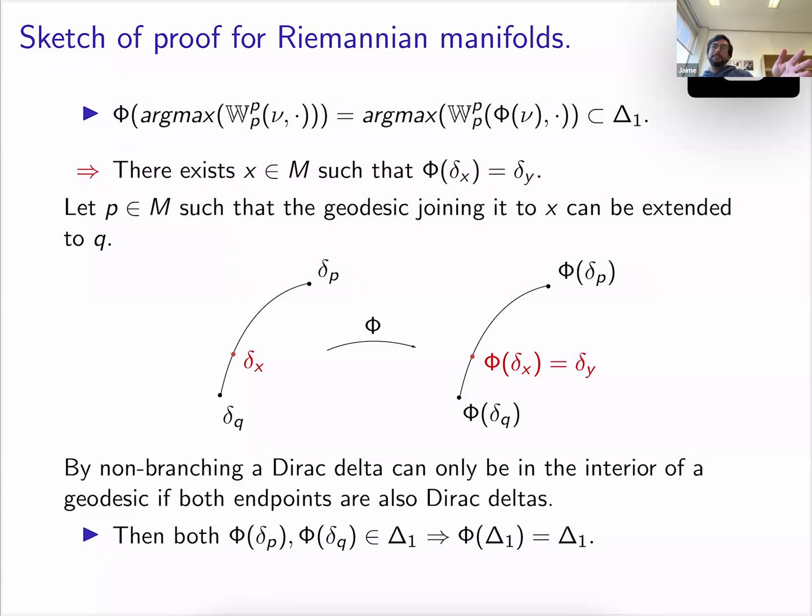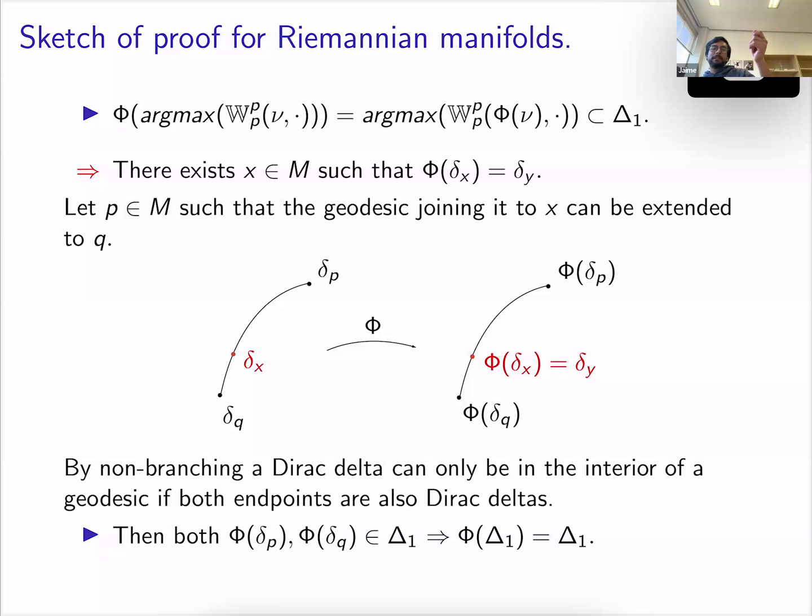For the general case, precisely the thing that makes it more complicated is that one cannot, in general, extend geodesics, because one can be very unlucky with this point x that one finds, and say in an Alexandrov space it is just an extremal point.